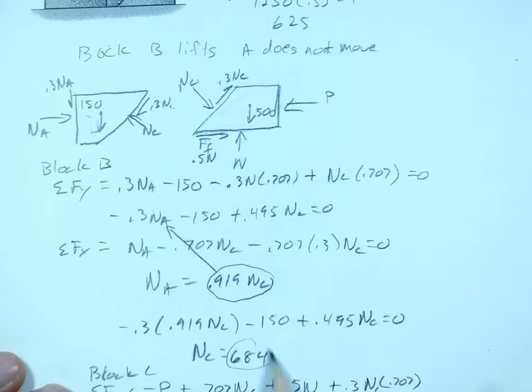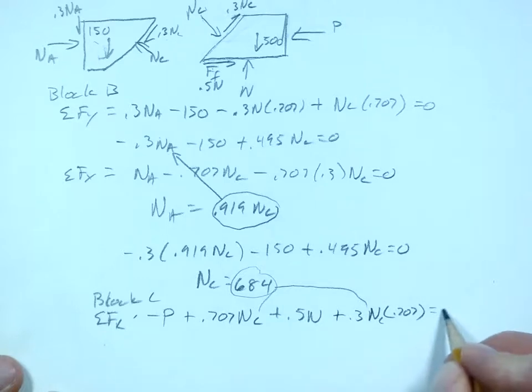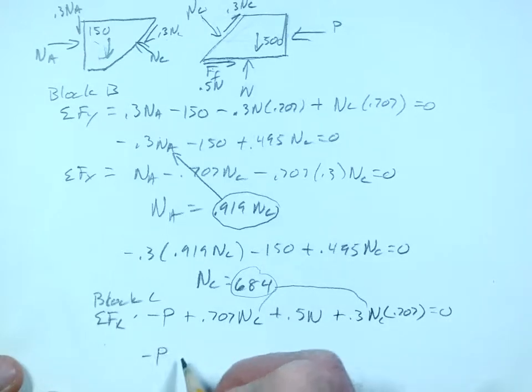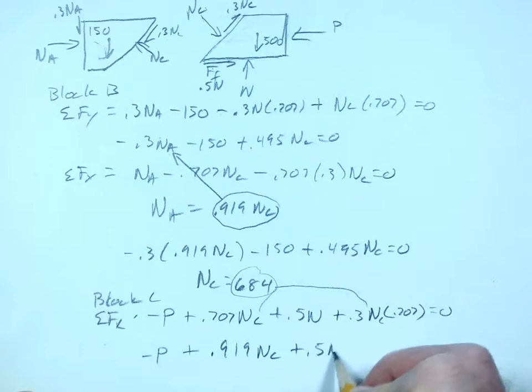Okay, putting this value into there and there, we get negative P plus 0.707 plus 0.3 times 0.707, 0.919 NC plus 0.5 N equals 0.